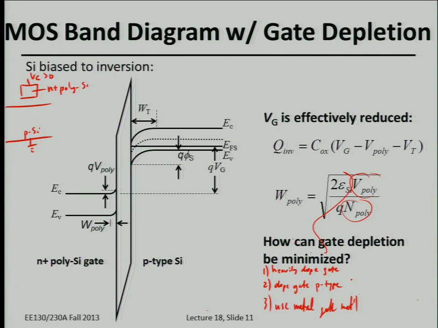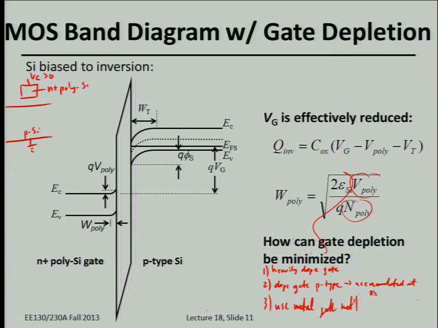Another way to get that positive charge is just to make this N plus polysilicon gate p-type, so you'll get an accumulation layer at the surface rather than a depletion region.